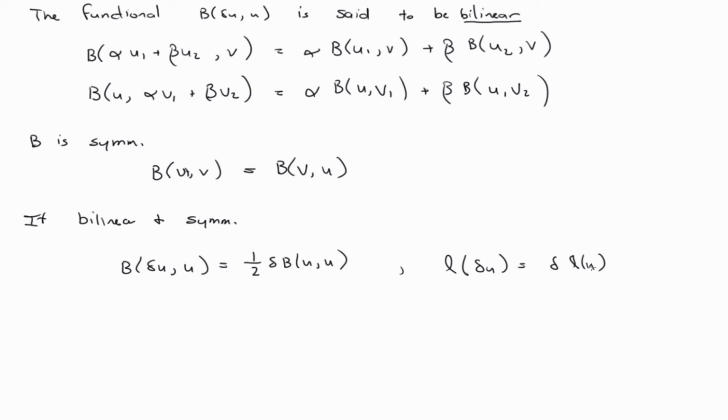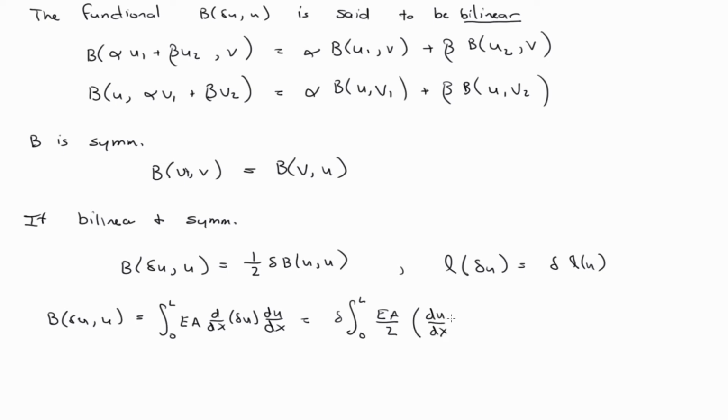We have seen it because we used it before. We had d/dx of del u. And if you remember, the first thing I did was I took the variation of the integral, of course from 0 to L, of EA over 2 (du/dx) squared.